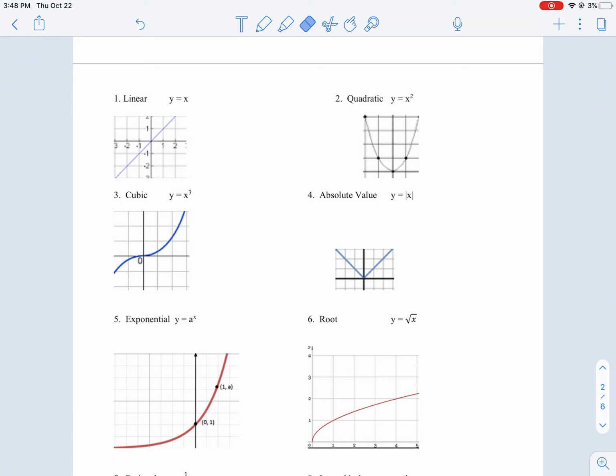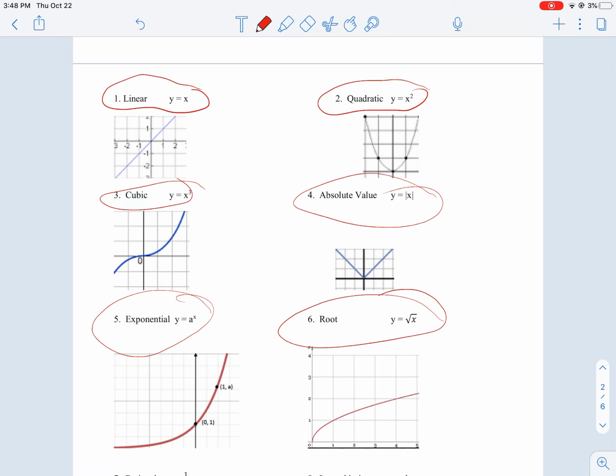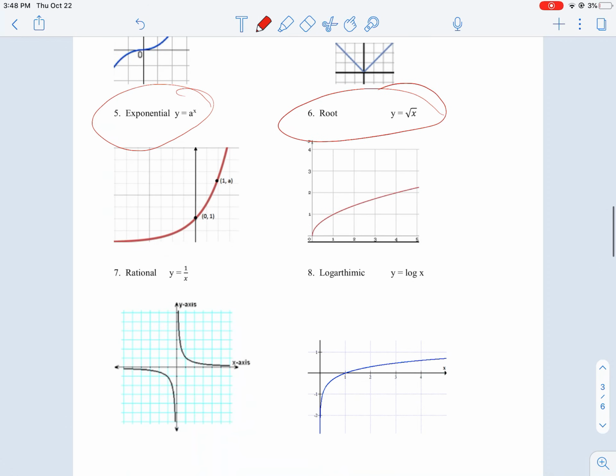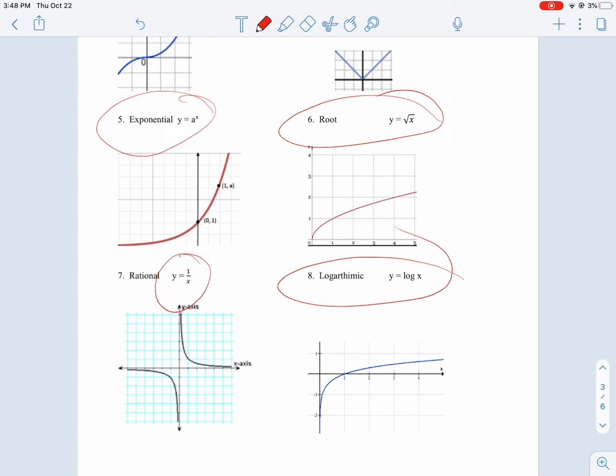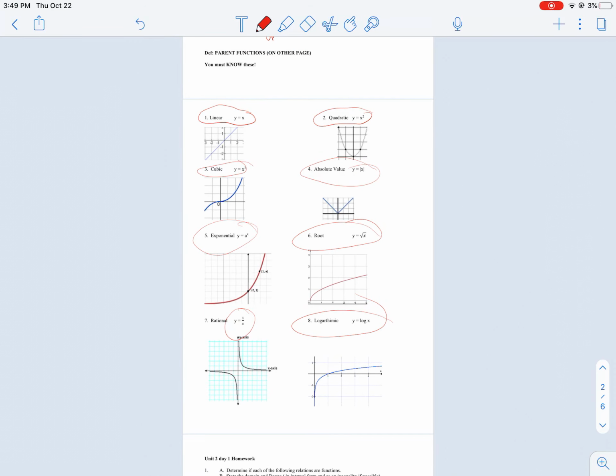So for a linear equation, the simplest one is y equals x. The most simple quadratic is y equals x squared. Same thing with cubic and absolute value. We'll discuss more about these parent functions and what that exactly entails, but for right now, just try to recognize what those particular graphs look like if you were to put them into your calculator.